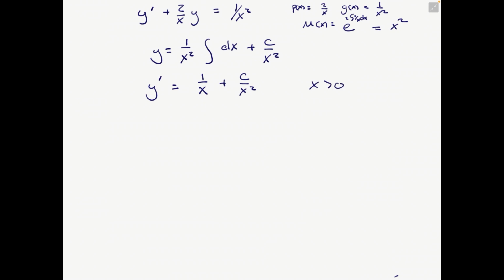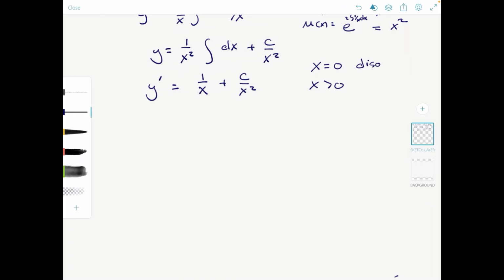I think these are x greater than 0. That's what they want us. Each of the equations, problem 9 through 12, has at least one discontinuous coefficient at x equals 0.